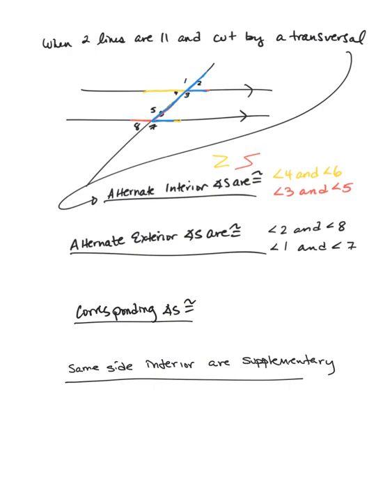And then for corresponding angles, you can look for an F, any way, shape, or form. Okay, it could be backwards, flipped, rotated, anything. So the pairs would be angle 2 and angle 6, then angle 1 and angle 5, angle 3 and 7, and then the last pair is 4 and 8.